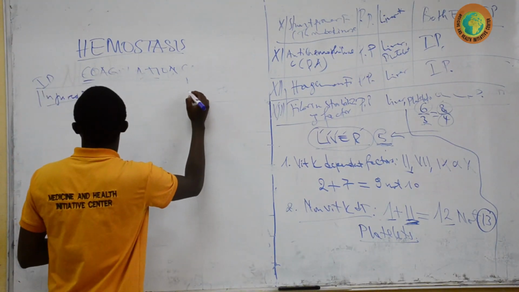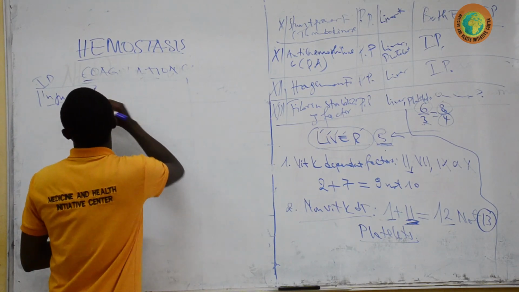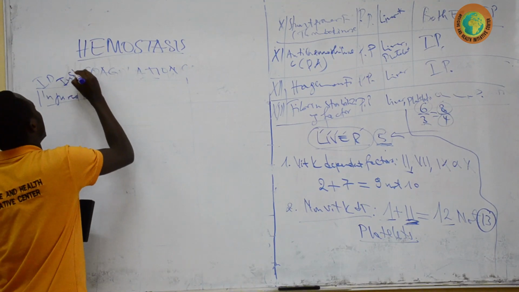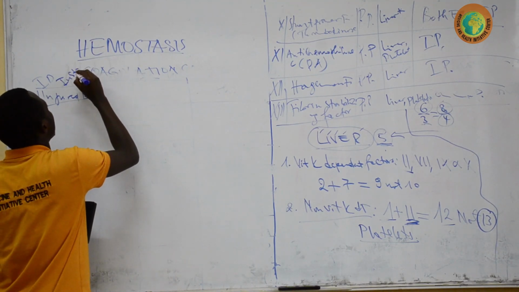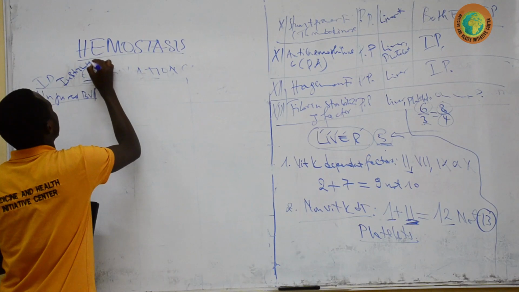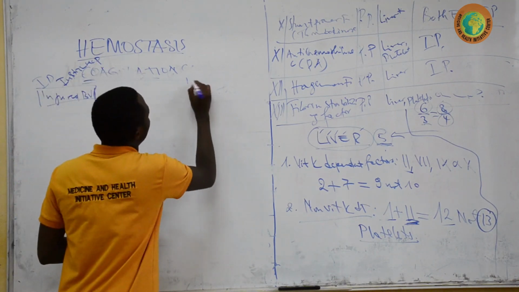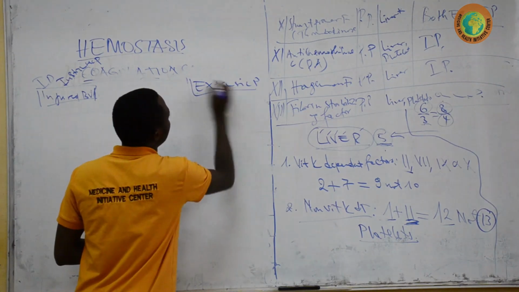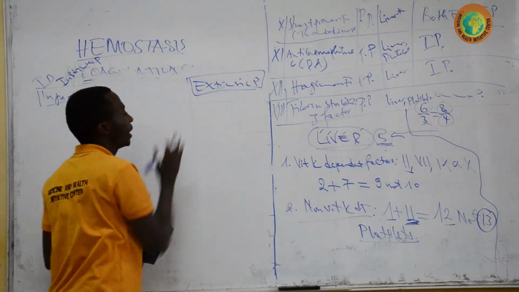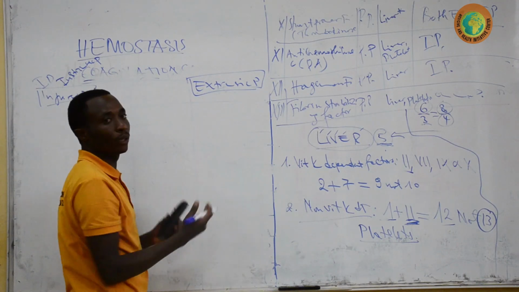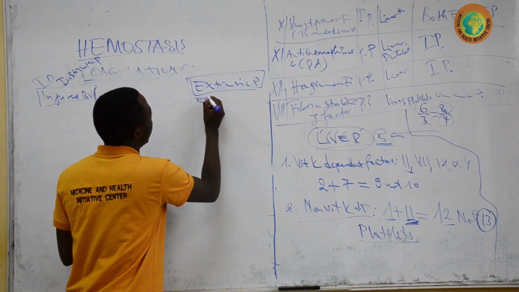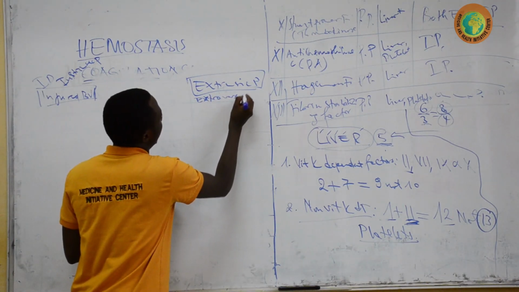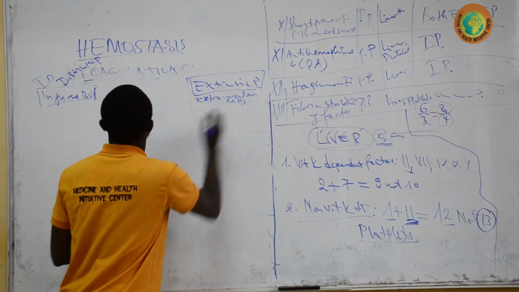Here we have the intrinsic pathway and the extrinsic pathway, which is triggered by trauma or extravascular cells.